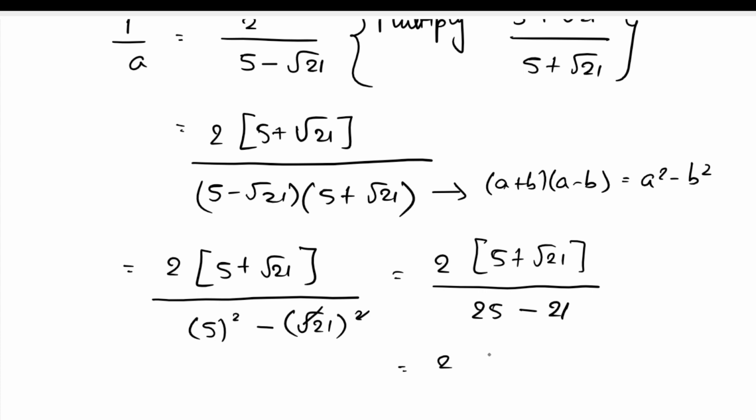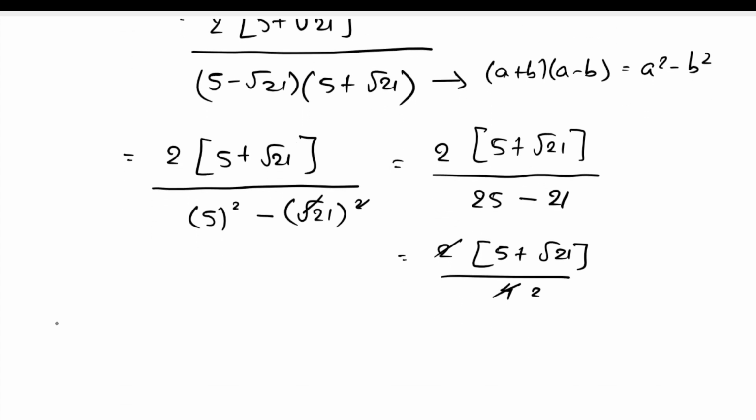We'll get 2 into 5 plus root 21 divided by 25 minus 21, which is 4. So here 2, 2s are 4. Therefore, 1 by A is equal to 5 plus root 21 divided by 2.